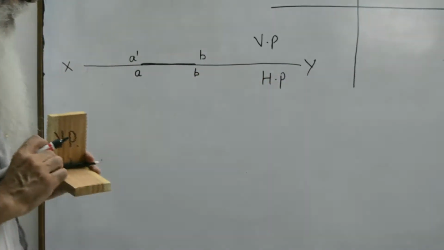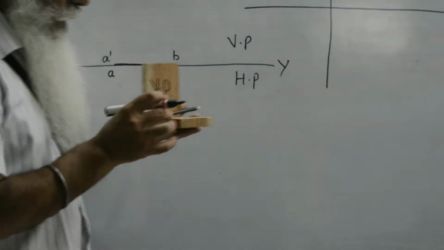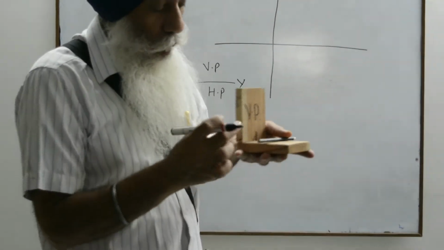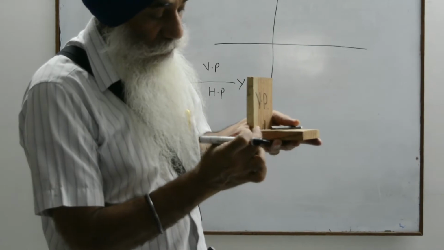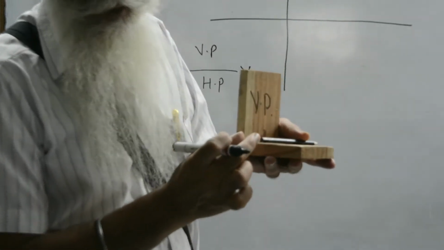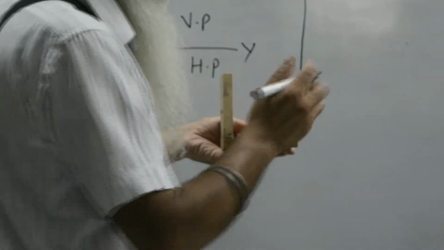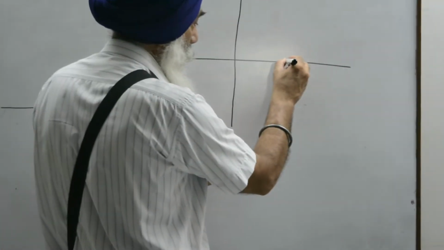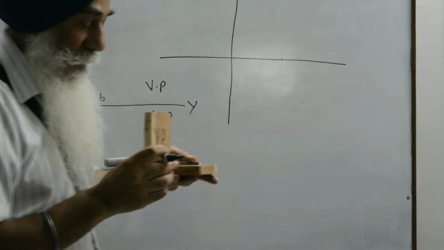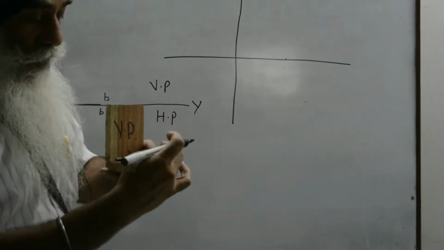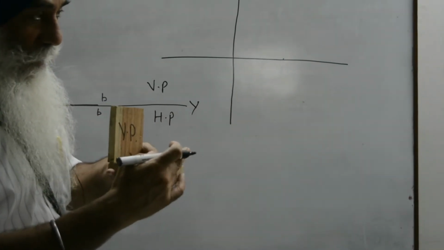Then in the second case, the line lies on the horizontal plane, at some distance in front of the vertical plane. The line is over here. You first draw its front view from the right hand side.